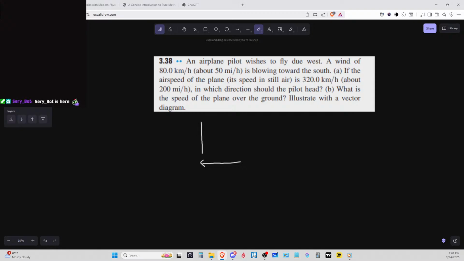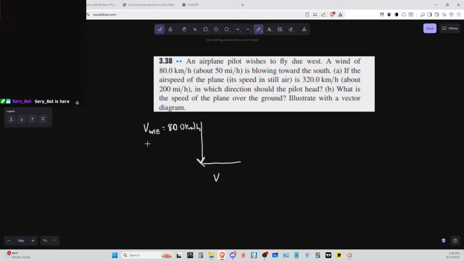Maybe we can just draw it like this, because the wind is going to impact the flight path. The wind relative to the earth is blowing at 80 kilometers per hour.